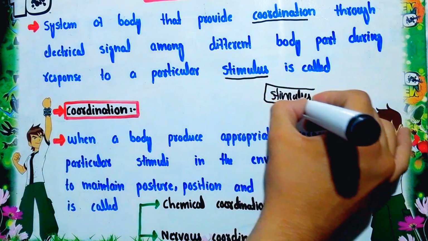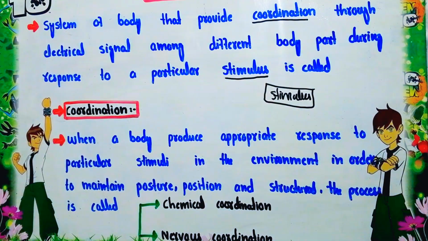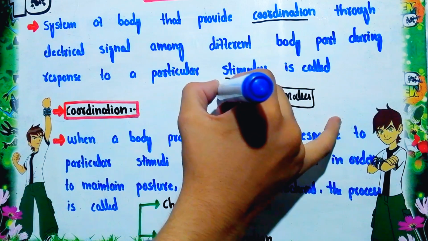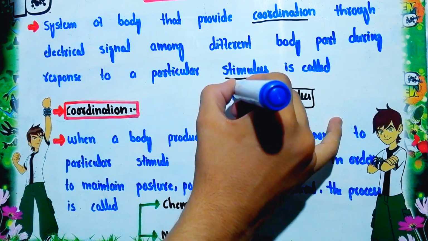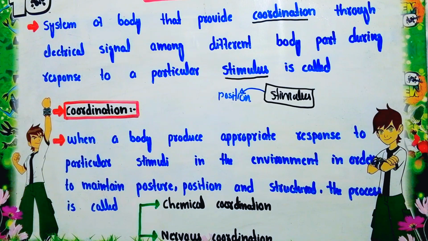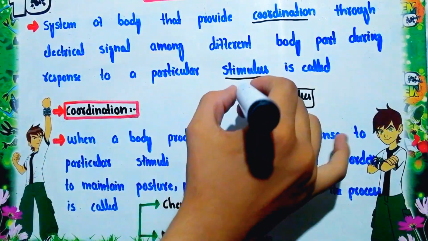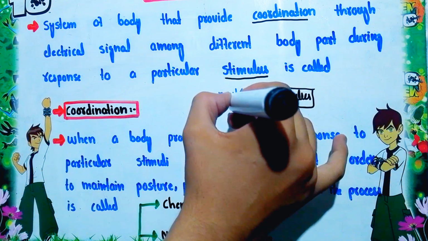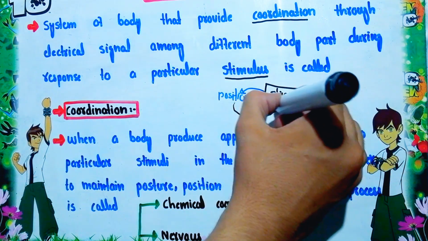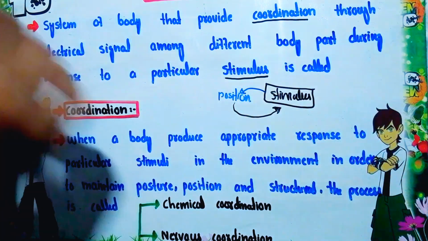This is basically a change, and this change will alter our structure, position and posture. Our body gives a response against these changes to maintain the position, posture and structure. This process is called coordination.